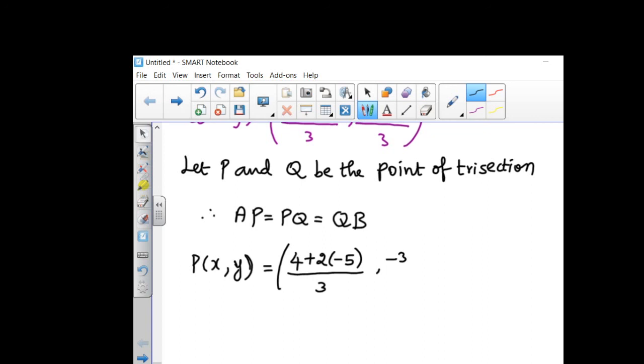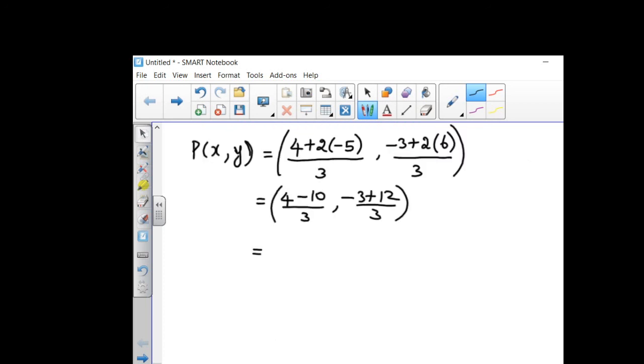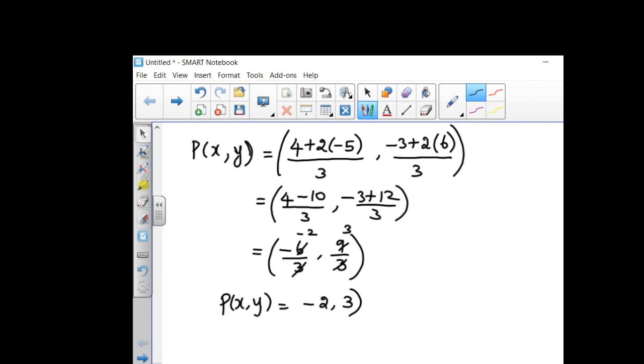Okay, so minus 3 plus 2 into y1, which is 6, divided by 3. So what do you get? 4 plus 2 into minus 5, you will get minus 10. So minus 10 divided by 3, then minus 3 plus 12 whole divided by 3. Okay, so what do you get? 4 minus 10, you will get minus 6. Minus 6 by 3, then 9 by 3, you will get minus 2, then you will get 3. So the answer of P of x comma y is equal to minus 2 comma 3.